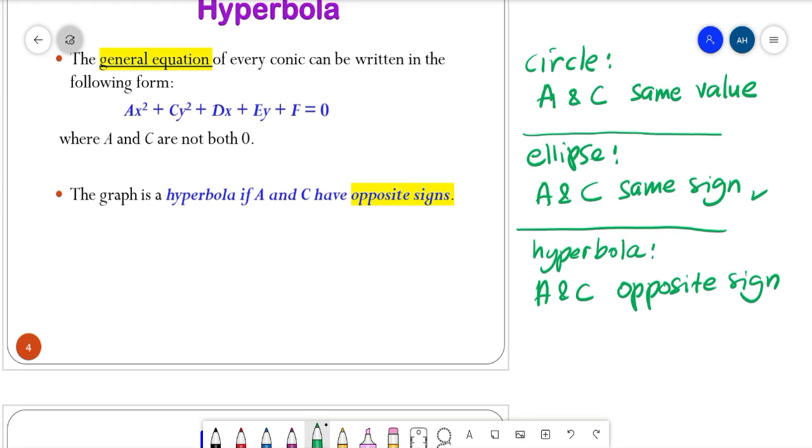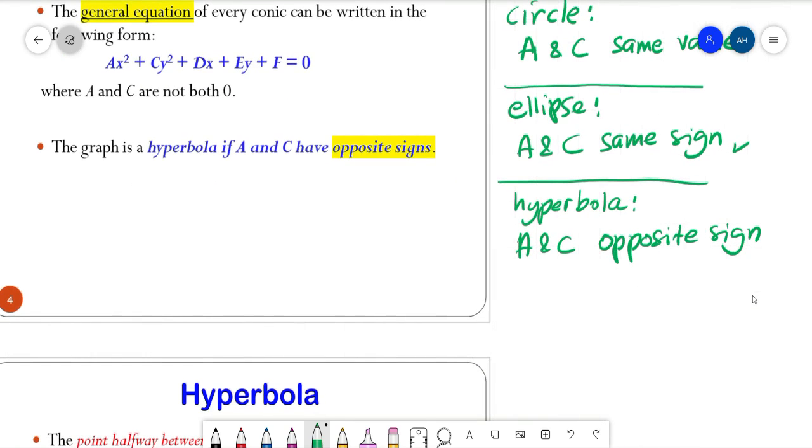That is, if one of them is positive, the other one must be negative. Now, if c is negative, for example, a must be positive. If a is negative, c must be positive. They have this different, opposite sign: one positive, one negative. Now, the last one is the parabola.